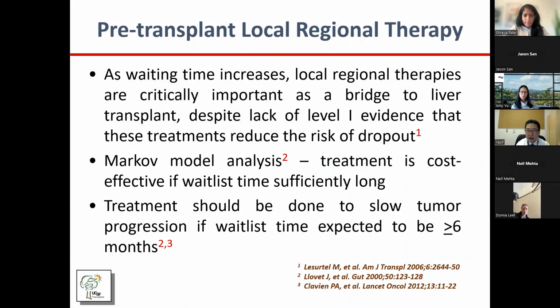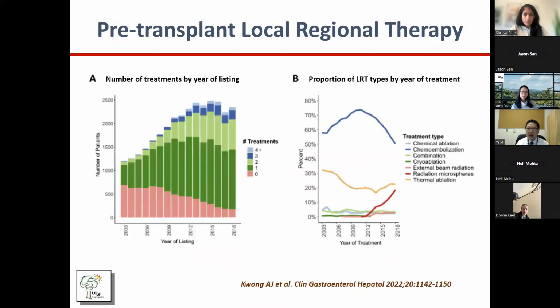In a Markov model analysis, treatment is cost-effective if the waiting time is sufficiently long. So these days, treatment should be done to slow tumor progression if the waiting time is expected to be at least 6 months.